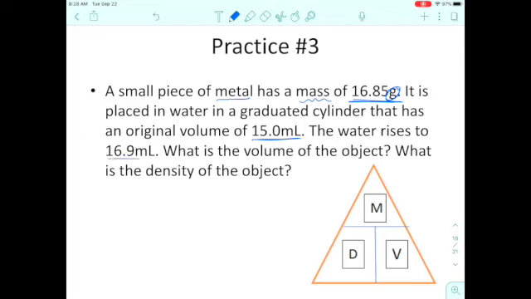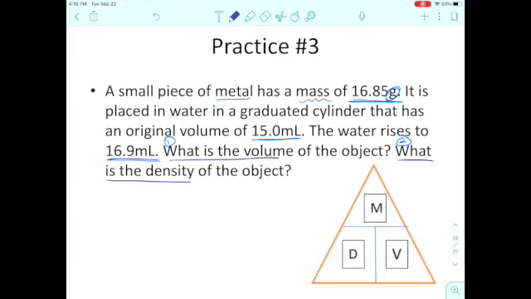The water rises to 16.9 milliliters. What is the volume of the object? That's the first part. What is the density of the object? That's the second part. So we want to find the volume and what is the density.